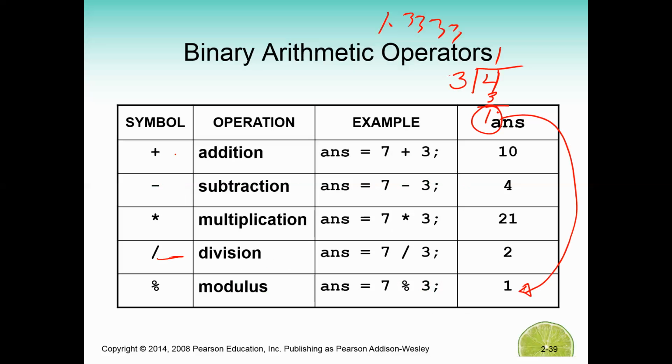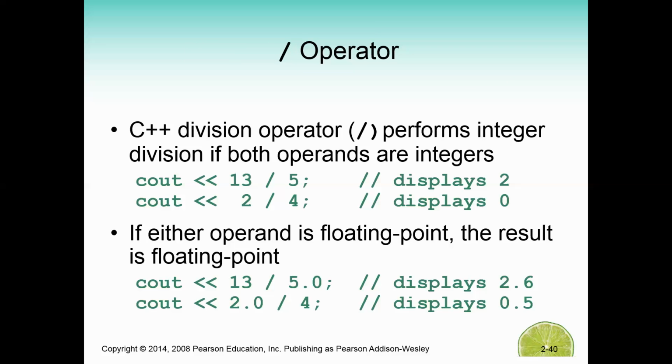So if the addition, I don't think we have any problem. If I'm going to be adding two variables, if I'm going to be adding two constants, if I'm going to be adding a combination of variables and constants. If I'm going to be subtracting, the same thing. If I'm going to be multiplying, the same thing. But when we are dividing, it's going to be very important what type of operands we're using.